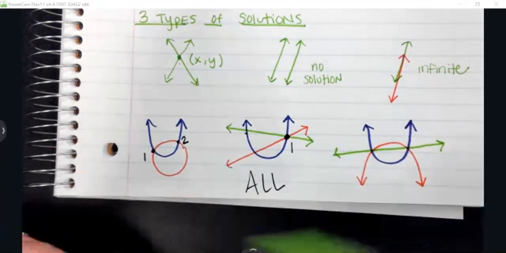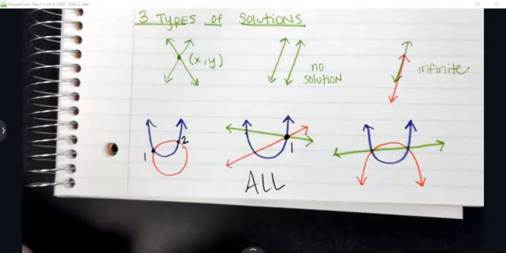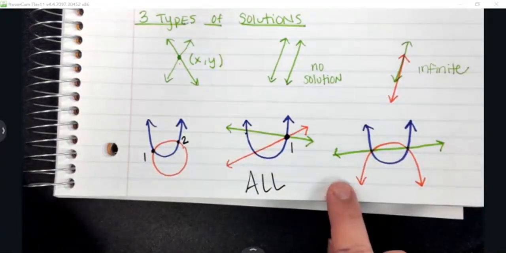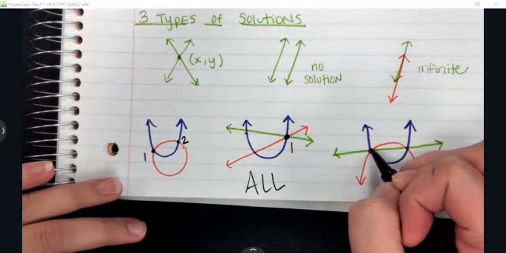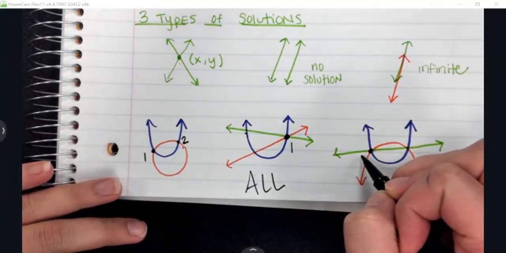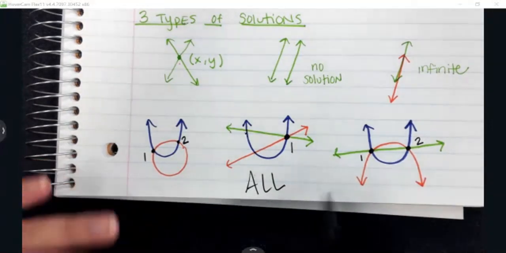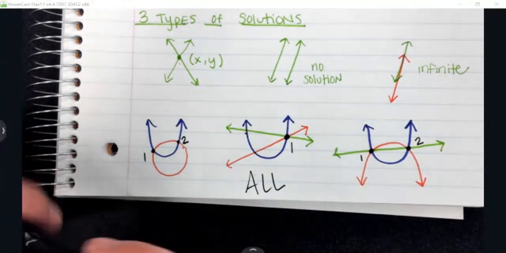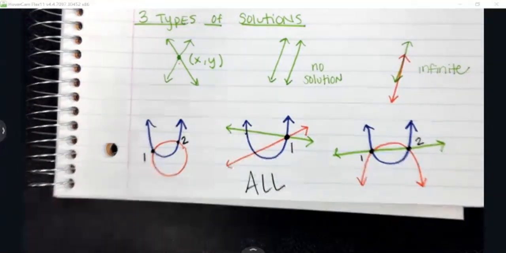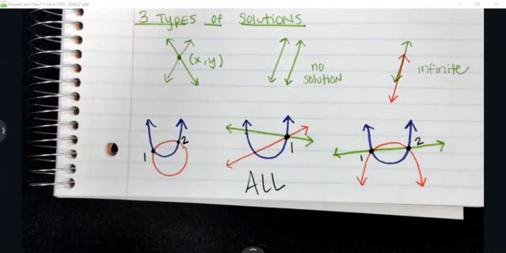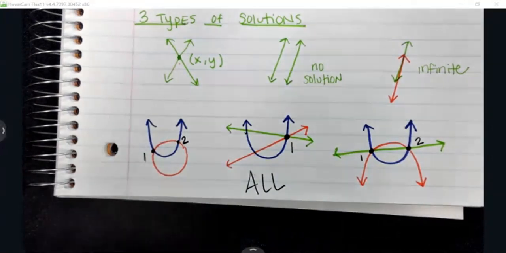How many solutions does this graph have? Because I have all 3 points that meet right there, and I have all 3 colors that meet right there. All lines have to touch in 1 spot to be considered a solution. Okay? Questions about that? Okay.